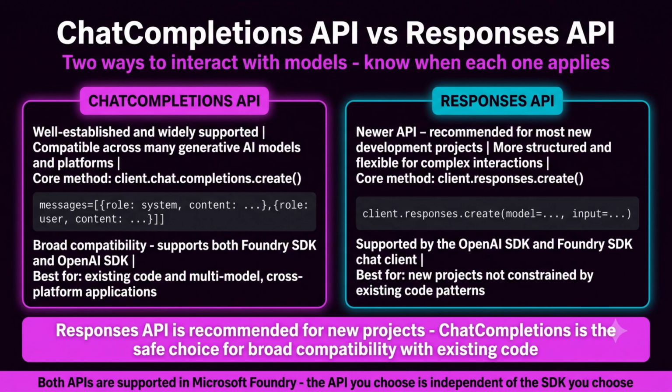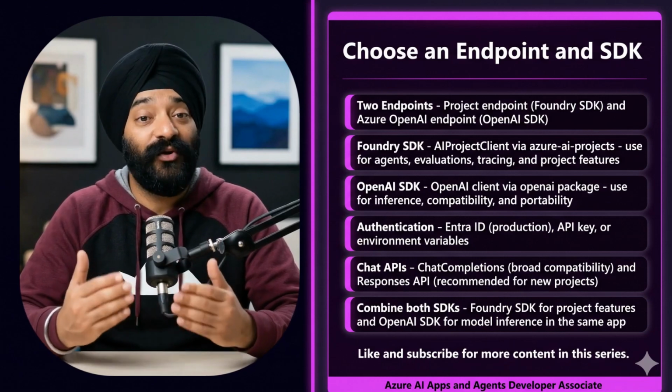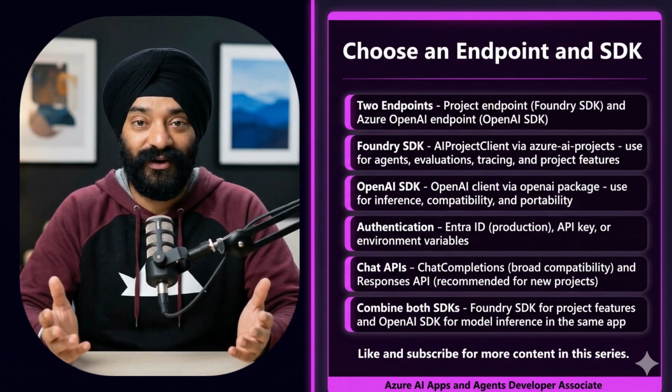One thing worth noting: both APIs are supported through the Foundry SDK and the OpenAI SDK. The chat API you choose is entirely independent of the SDK you choose. You can use either API with either SDK. And that covers everything you need to know about choosing an endpoint and SDK in Microsoft Foundry.